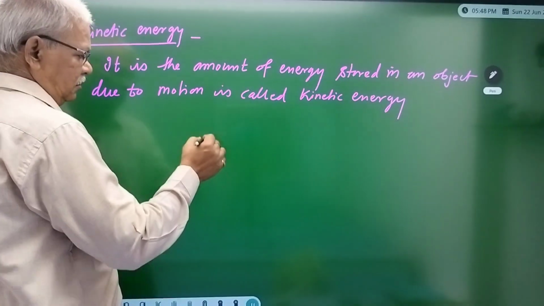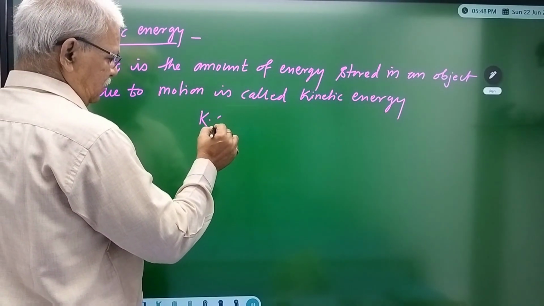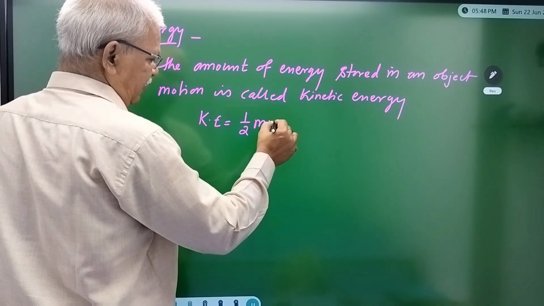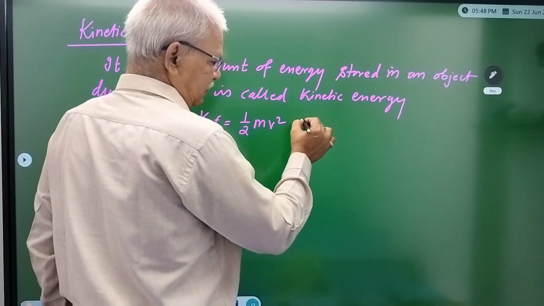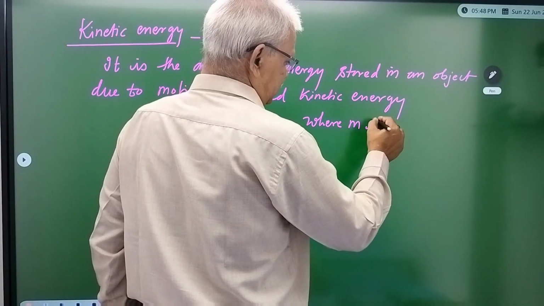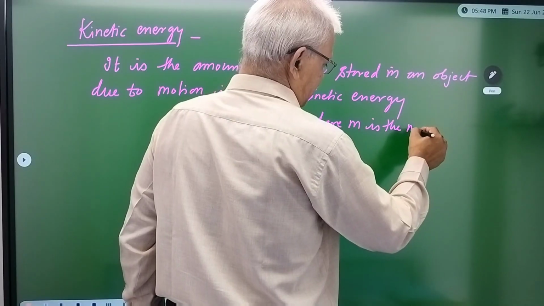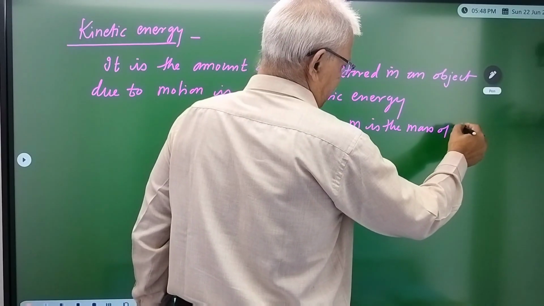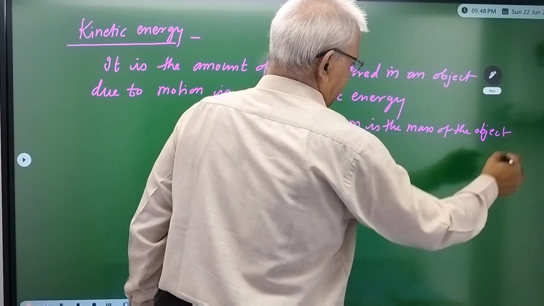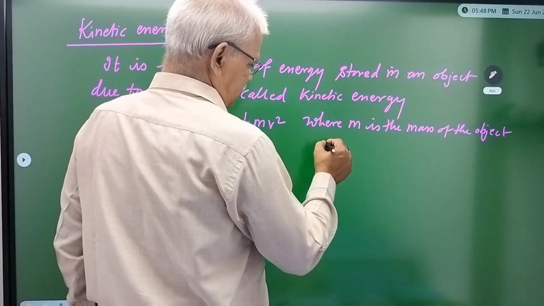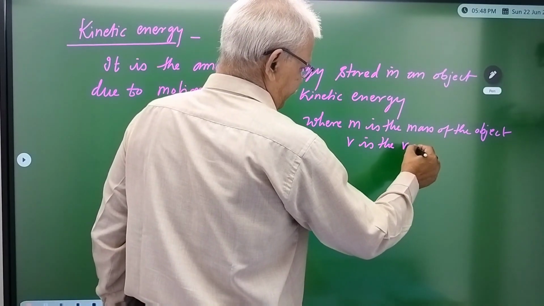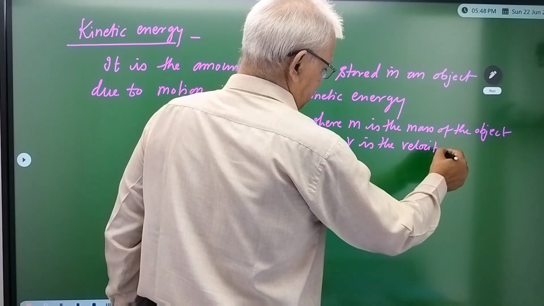Okay? And its formula for the kinetic energy is half mv square, where m is the mass of the object, and v is the velocity. Okay.